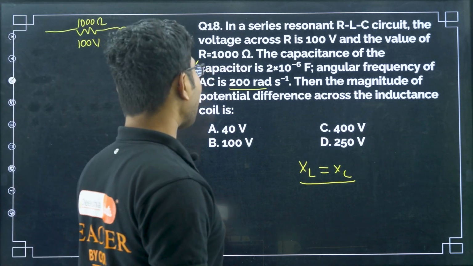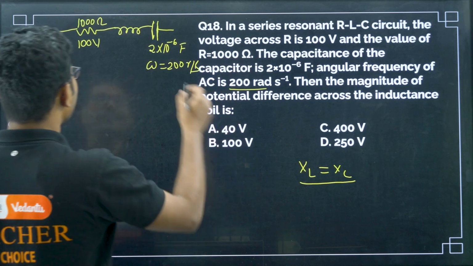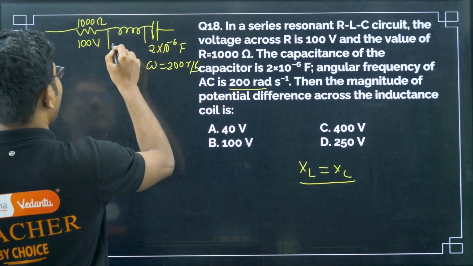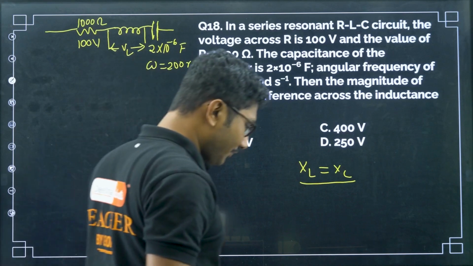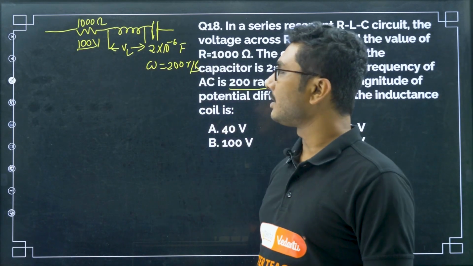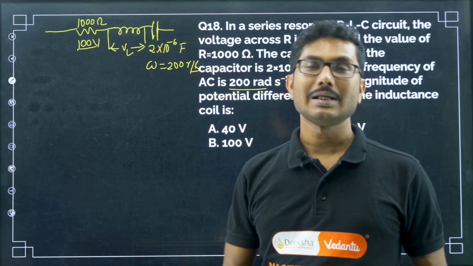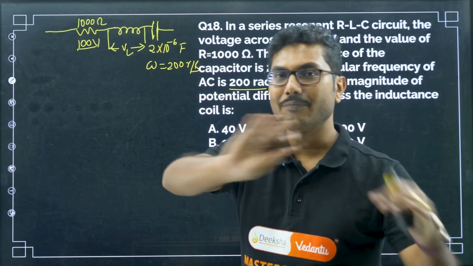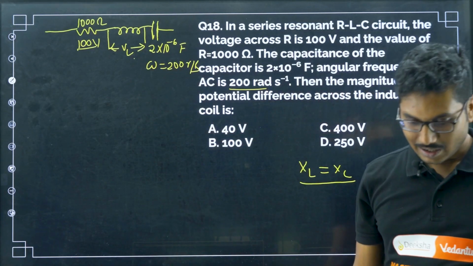Then the magnitude of potential difference across the inductance coil. So, they have asked you to find the magnitude of potential across VL. Now, a very interesting question: they have given you voltage across the resistor, some information about the capacitance, they have not given any information about the inductance, and they ask you to find VL.